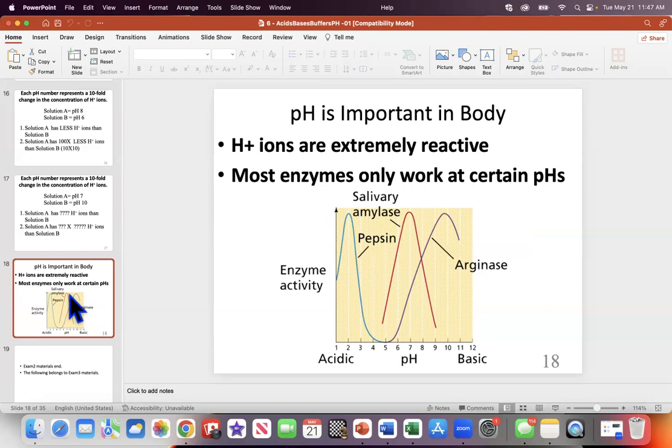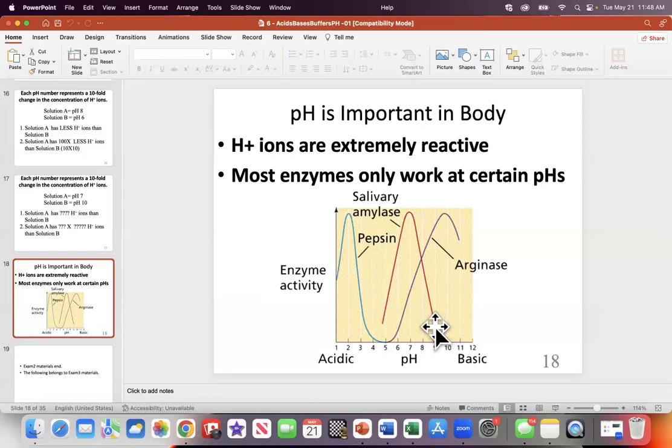The enzymes, their proteins, help you to speed up the process of chemical reactions. The enzyme in the mouth, amylase, in the saliva, actually prefers a pH 7 environment. So when you change the pH too much, their activity decreases or even drops to 0 because they are denatured.